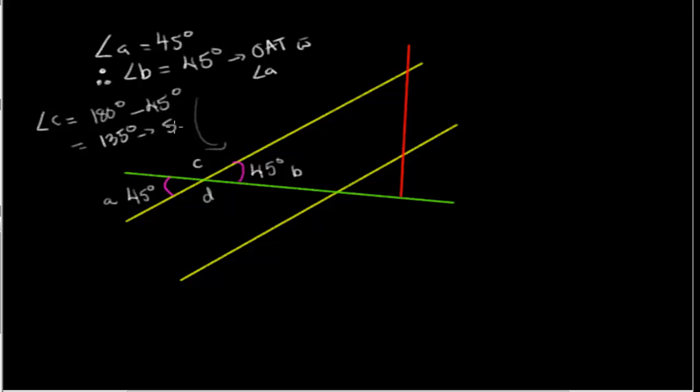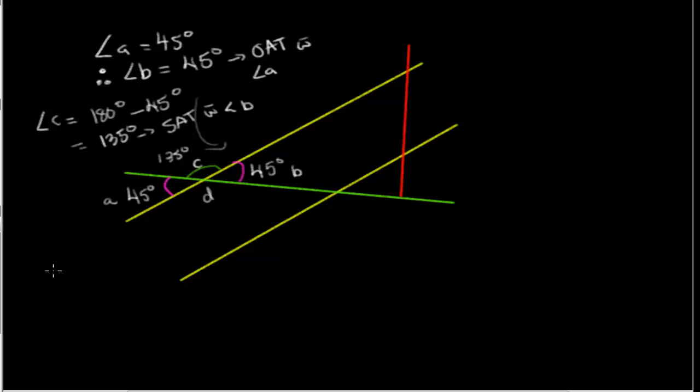Because it is set with angle B. So angle C is 135 degrees. Now if we look at angle C and D, we have lots of information to get D. We can either find it with SAT or with OAT.